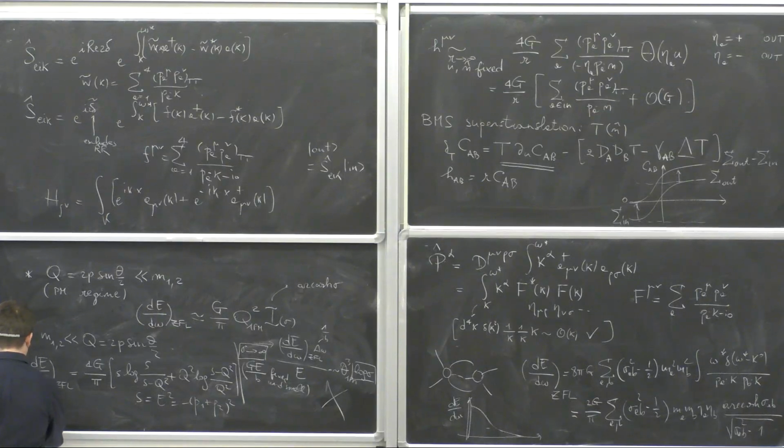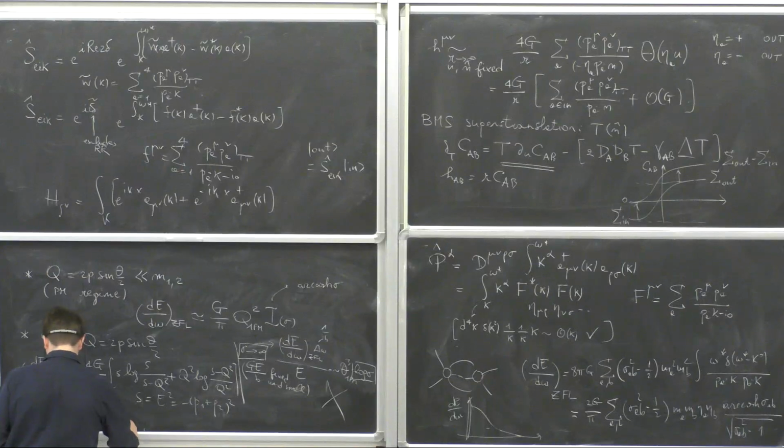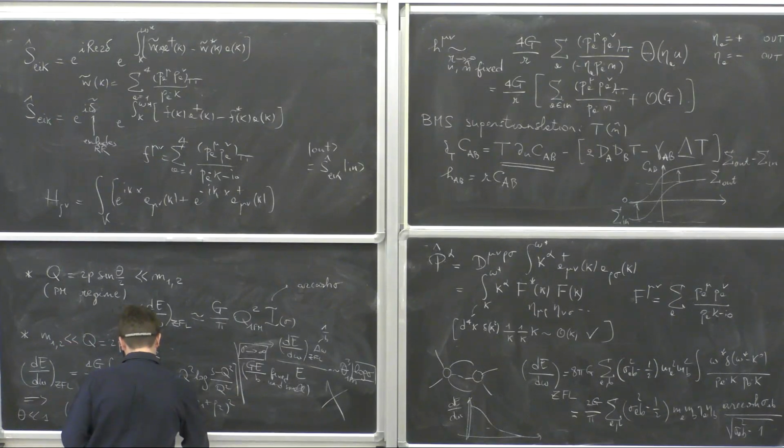So now if we take theta small, we learn what the actual behavior in the ultrarelativistic limit is. This is a version of the ultrarelativistic limit because the mass is very small. And you get g squared theta squared divided by pi, log of 4e theta squared.